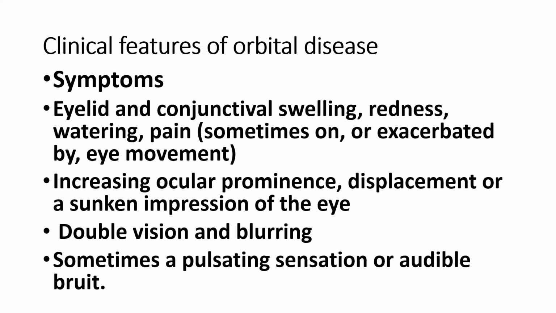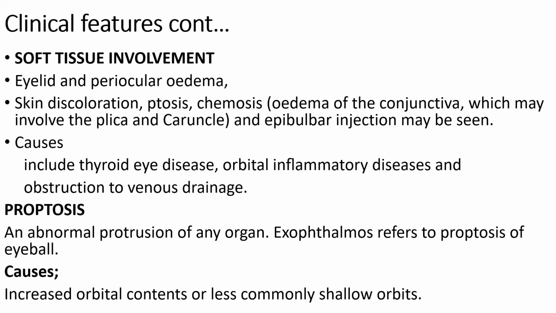The clinical features of orbital disease: the patient may present with eyelid and conjunctival swelling, redness, watering, pain sometimes exacerbated by eye movements, increasing ocular prominence, displacement, or a sunken impression of the eye. There may be double vision and blurring of vision; sometimes a pulsating sensation or audible bruit can also be seen in these patients.